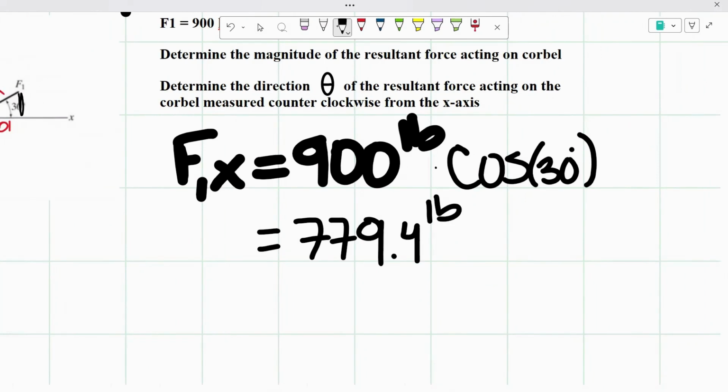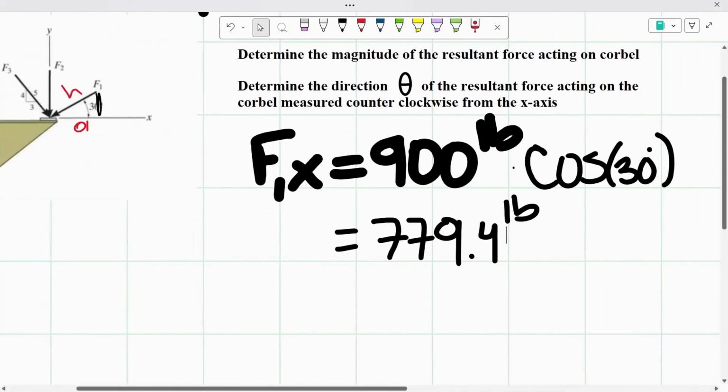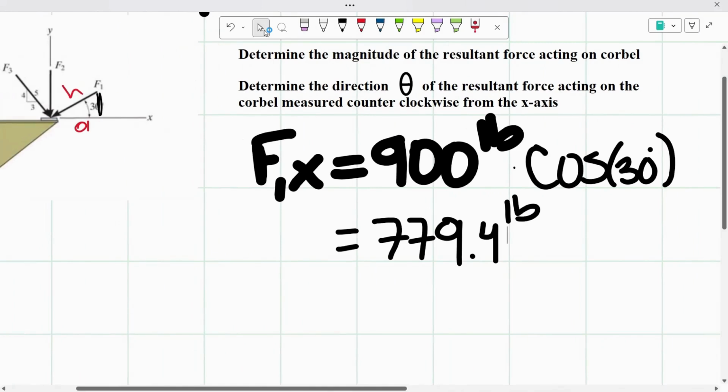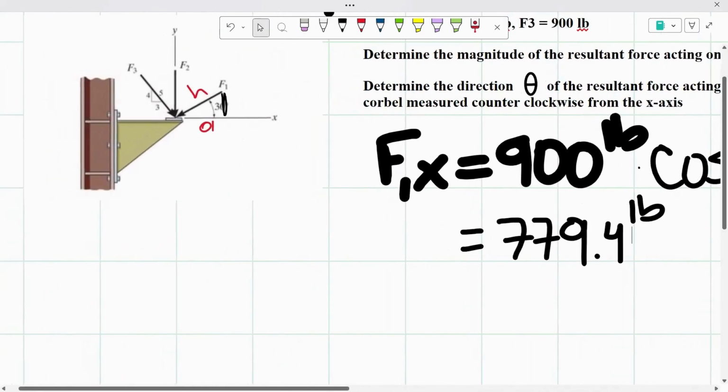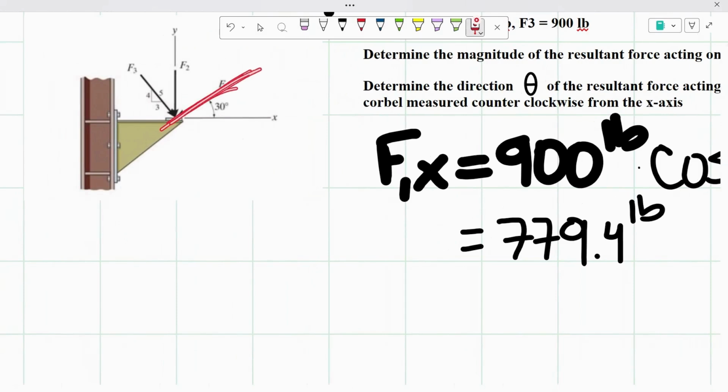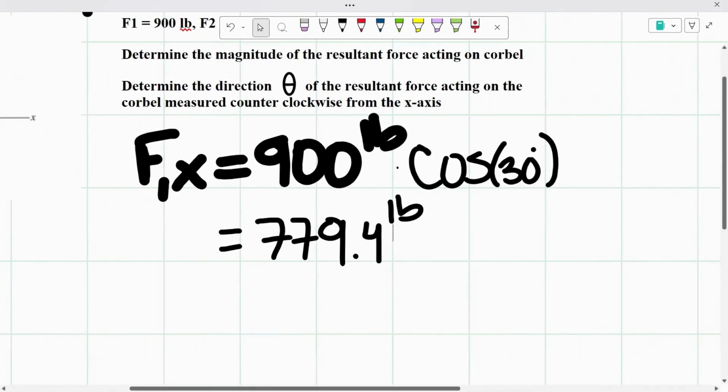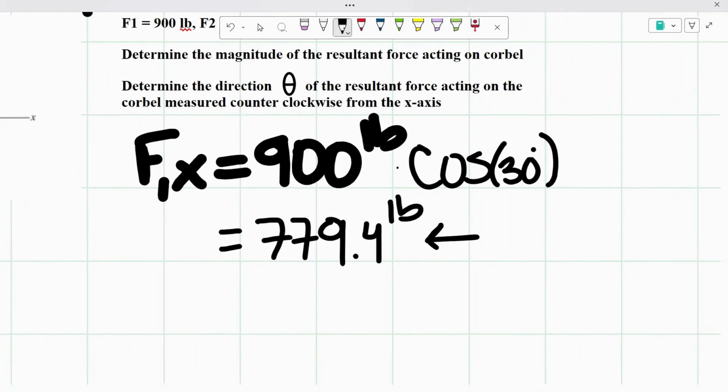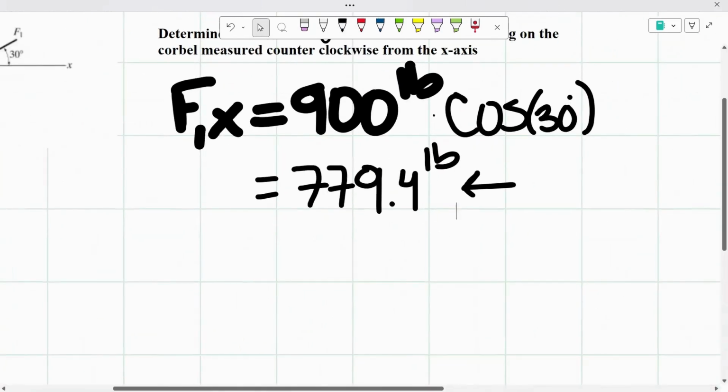Now we're trying to find the direction of this 779.4 pounds. If we look back at its original force, we could tell that this force is slightly leaning towards the left, which is why these 779.4 pounds are going to be going to the left. So we have now found the horizontal component of F1.